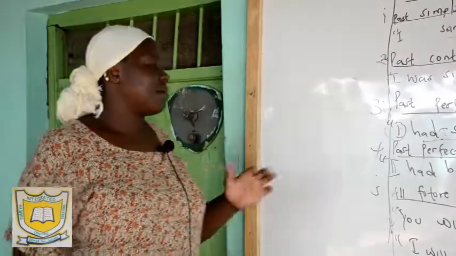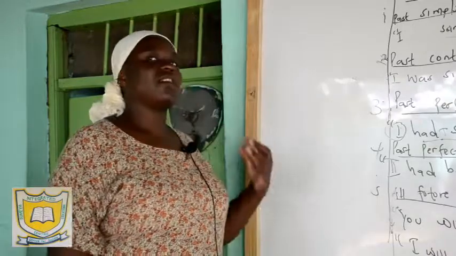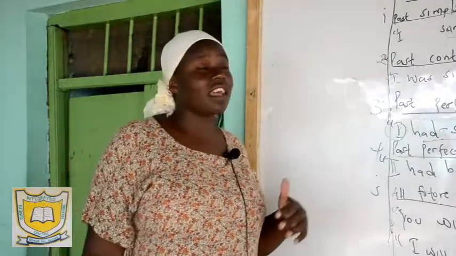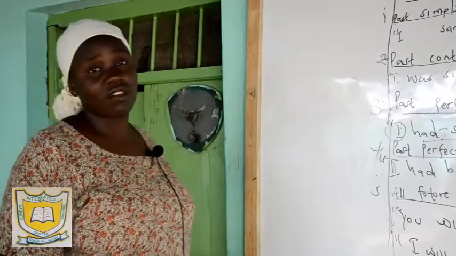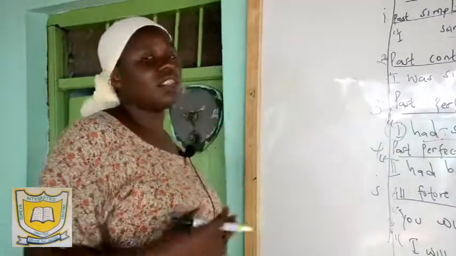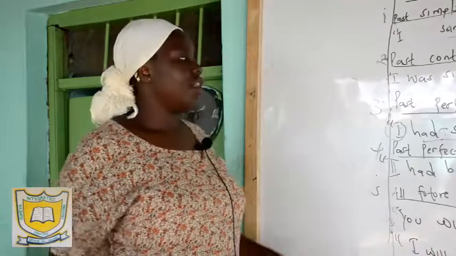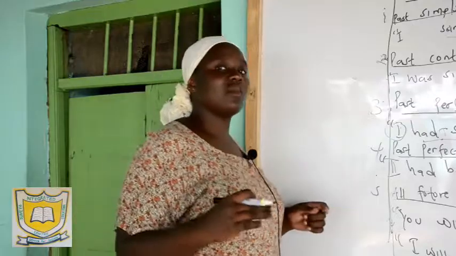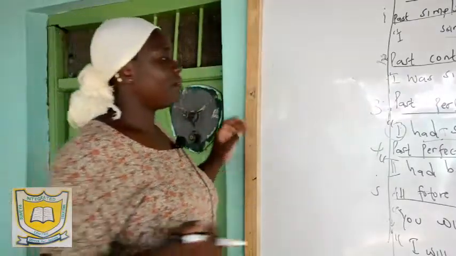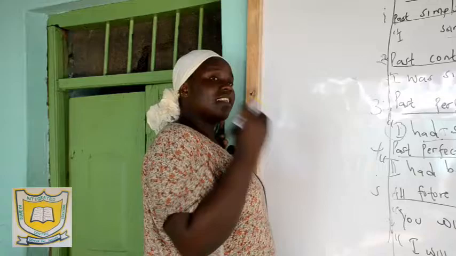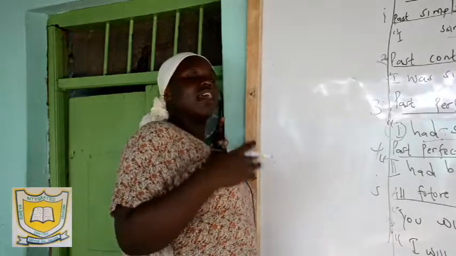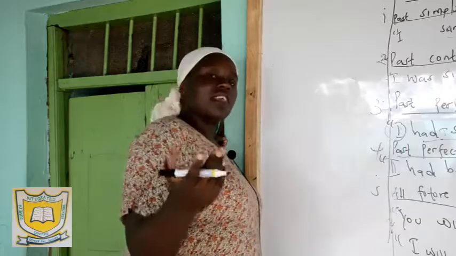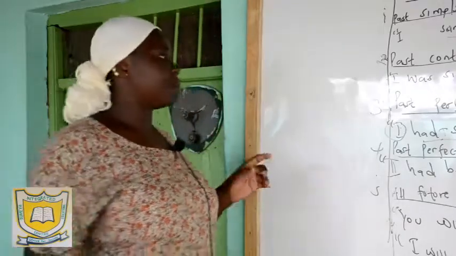You don't know if it is the past perfect or the past perfect continuous, or if it is the past continuous or the present continuous. People make mistakes when it comes to tenses. Read your sentence and identify the tense in which it lies. Once you've identified it, you are in a position to change the sentence from the direct speech to the indirect speech.